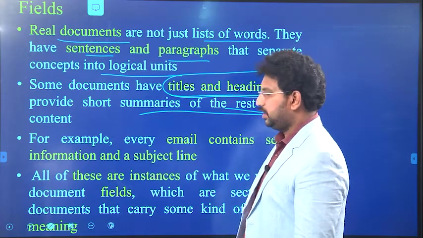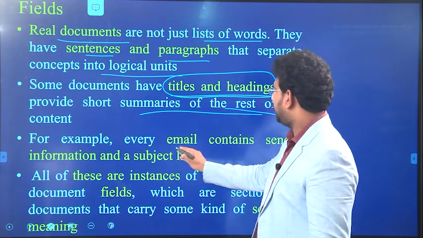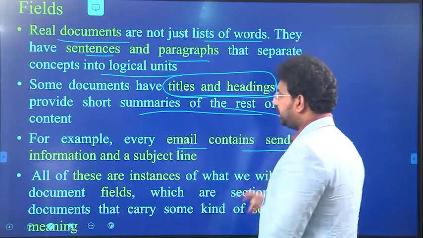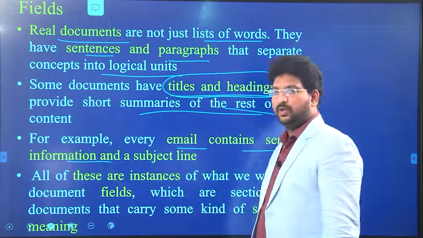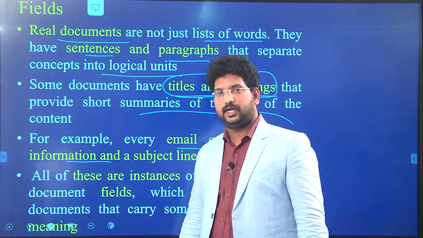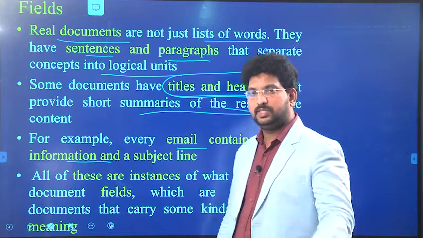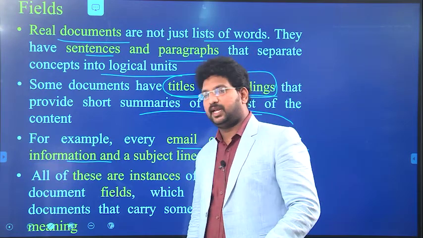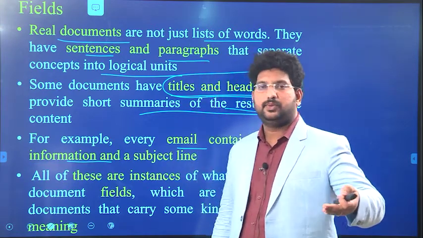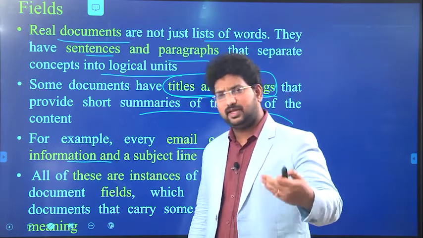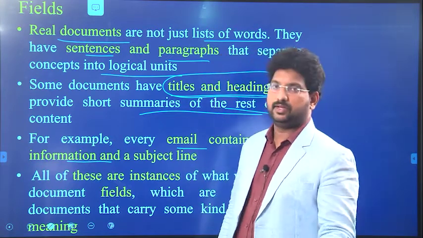For example, every email contains sender information. We are all familiar with email usage, and whenever you have your Gmail, if you receive an email, you will have the sender information. If you send an email to someone, you will have the receiver information.